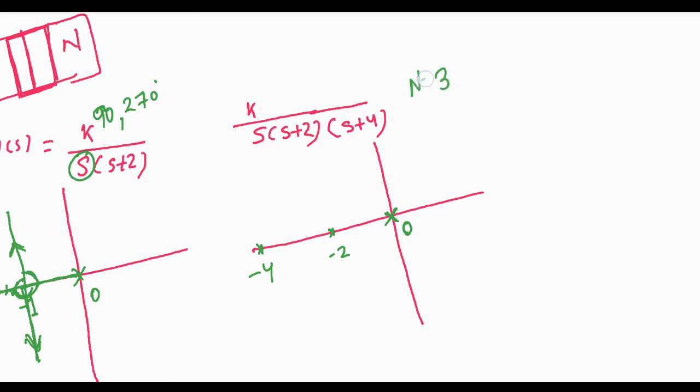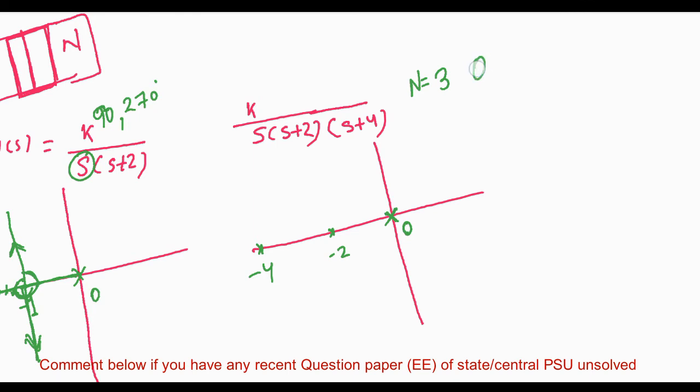N is equal to 3, that means the number of poles minus the number of zeros is 3. So theta will be 60 degrees, 180 degrees and 300 degrees. Now we will see how the root locus is.